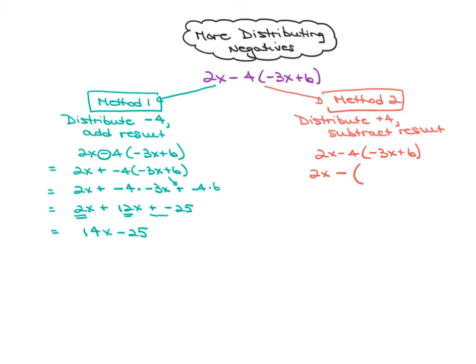So I'm adding that big grouping symbol there. I'm going to subtract 4 times negative 3x plus 4 times 6, which is the same as 2x. I'm going to subtract everything in the parentheses, which is negative 12x plus 24.